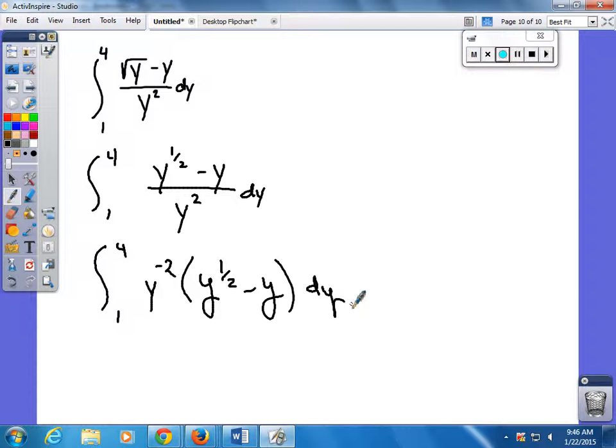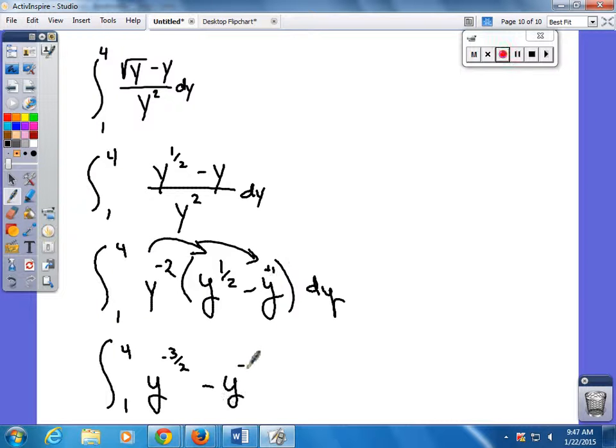And now you're going to distribute this, and that's going to give you 1 to 4 of y to the negative 4/2 plus 1/2, which is what? Negative 3/2, minus, negative 2 plus 1 is what? Negative 1. So y to the negative 1 dy.